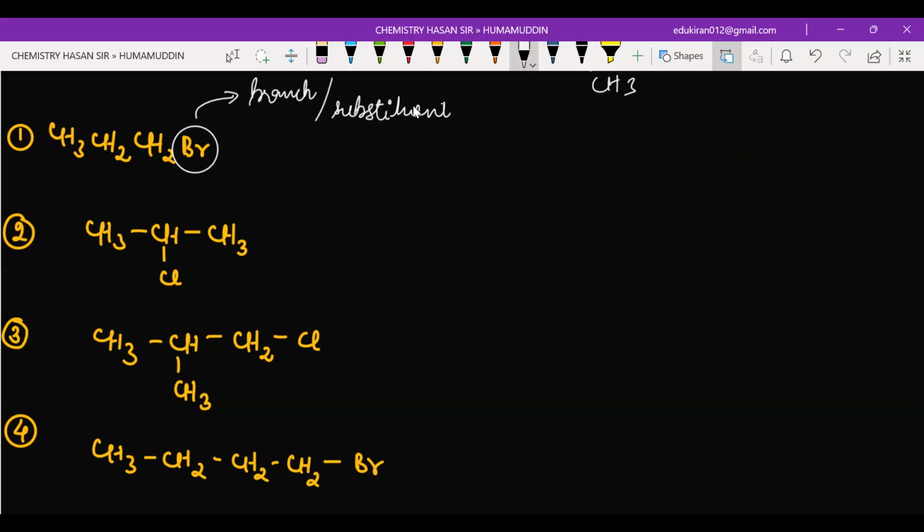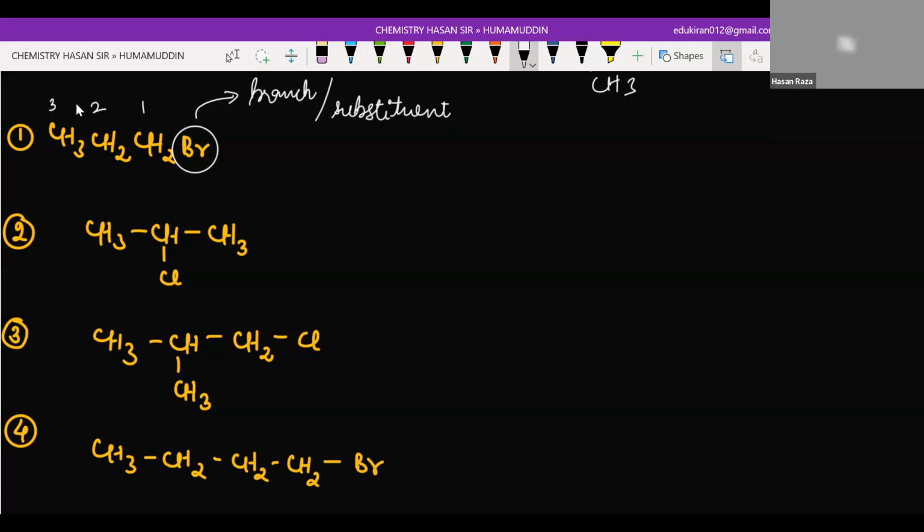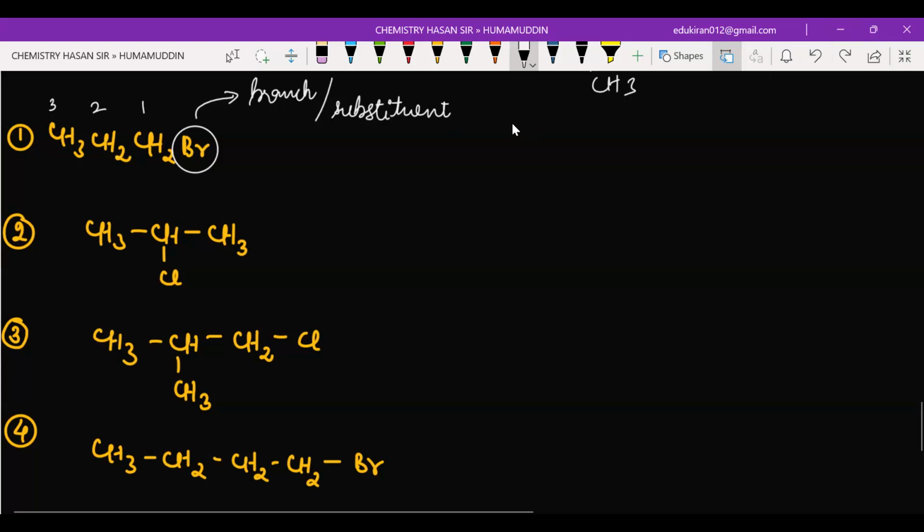Now, what you need to do is number from where the branch is nearer. So I can number it from here, and we number only the carbon, not other groups. Are you getting my point? Yes, sir.